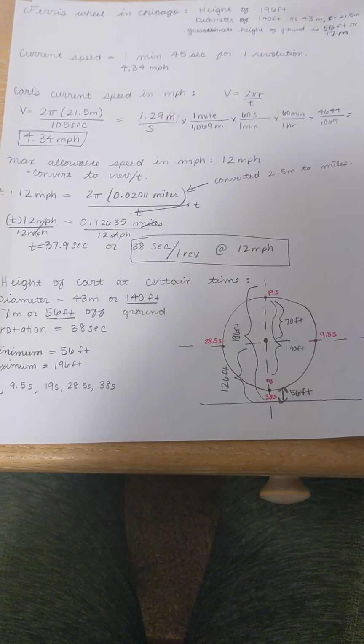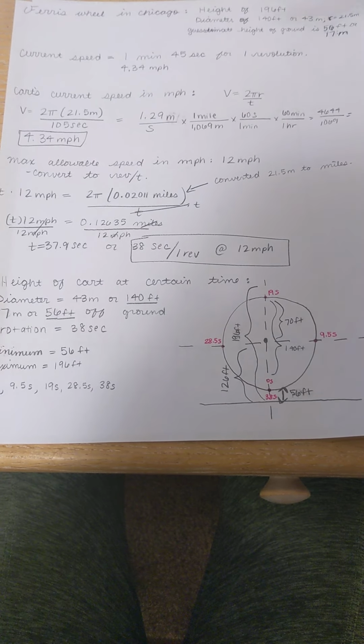So for the height of the car at certain times, I went ahead and did the unit circle type thing here, and wrote everything I knew over here. It started 56 feet off the ground, so at 0 seconds it's at 56 feet. I divided 38 seconds by 4.